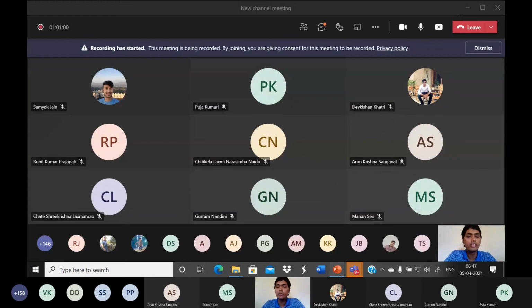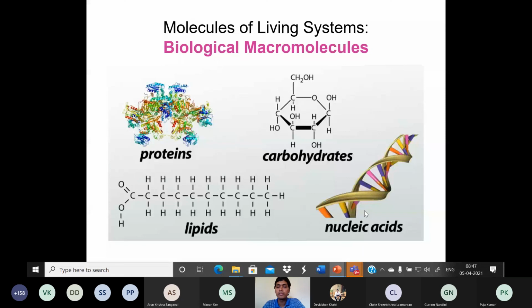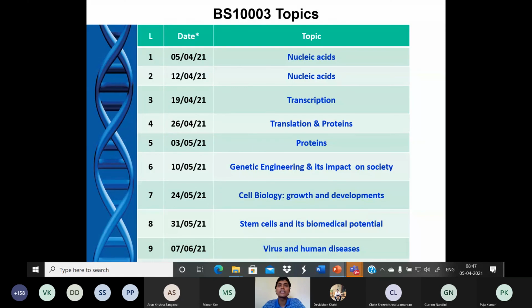So in the first two classes, I will concentrate on nucleic acids, then on how the information gets processed so that finally it makes a functional molecule and functions in our body. Without functional protein, we cannot survive for a second.